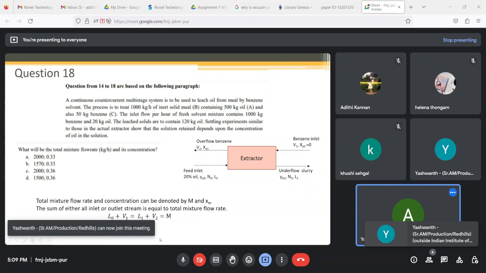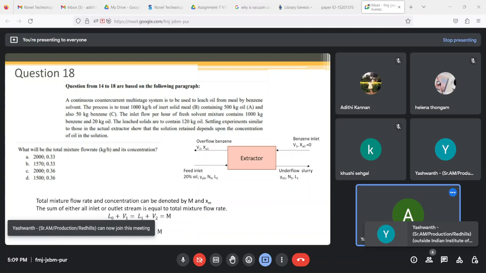So L0 plus V1 is equal to M. We do not know L1 and V2, that is not given in the question. So we'll ignore this, we'll calculate M from the inlet stream itself. L0 we calculated in question 14, that is your A plus C. A is 500, C is 50, so 550 is your L0, the solution in the inlet stream.